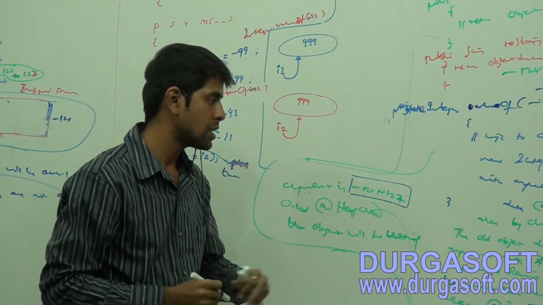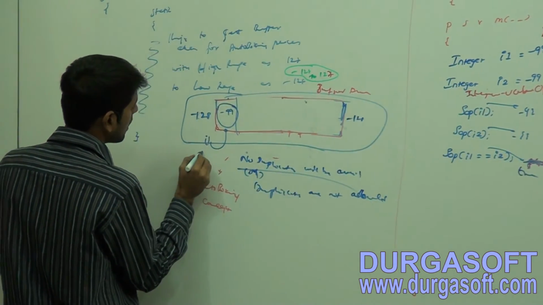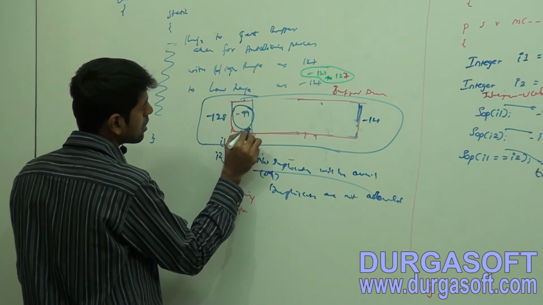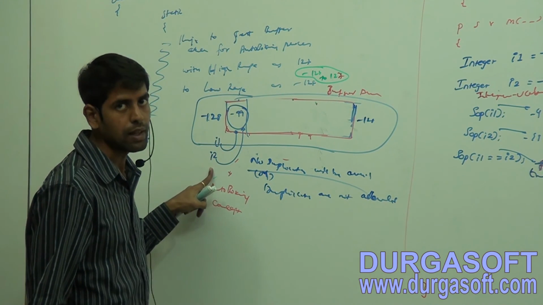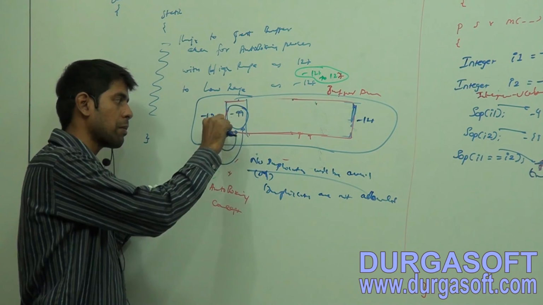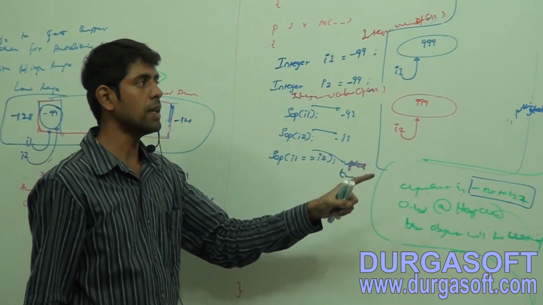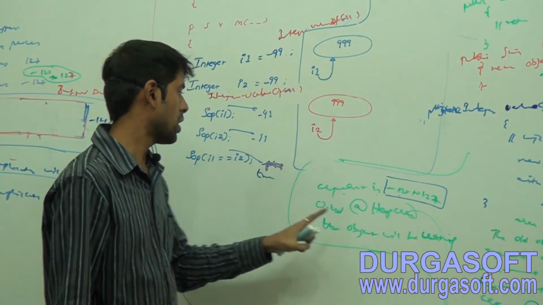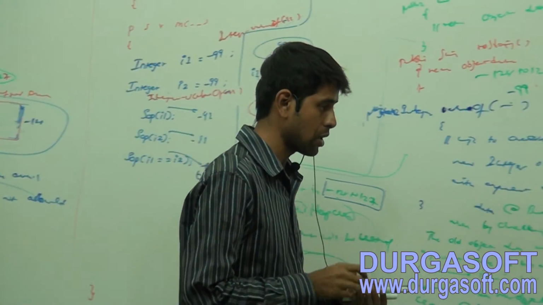If both are the same, reusing will be done. So I2 will be referring to this object. This object will be referred to by I1 as well as I2 because of the valueOf method logic. So here you will get the answer true.